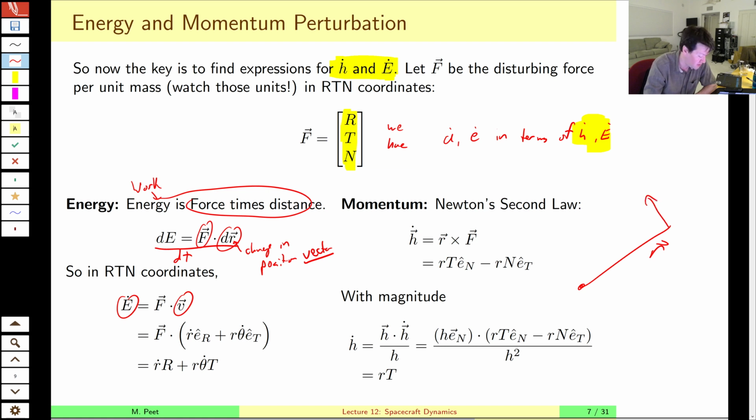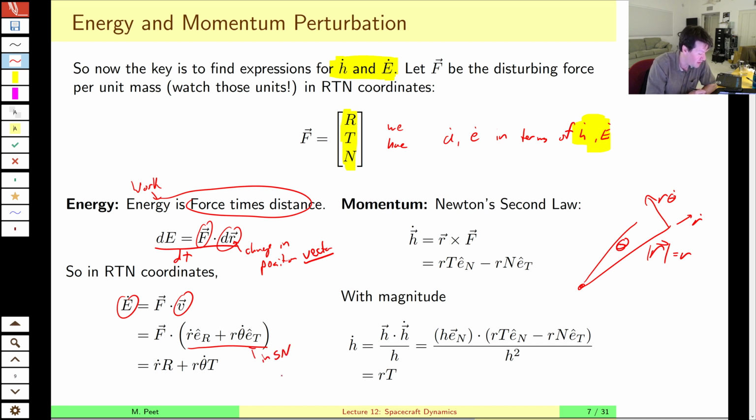There's the tangential direction, and the velocity in the tangential direction was r theta dot, the distance r times the rate of change of theta. And the radial component is the rate of change of this magnitude, which is just r dot. So we put those in the satellite normal coordinate system.